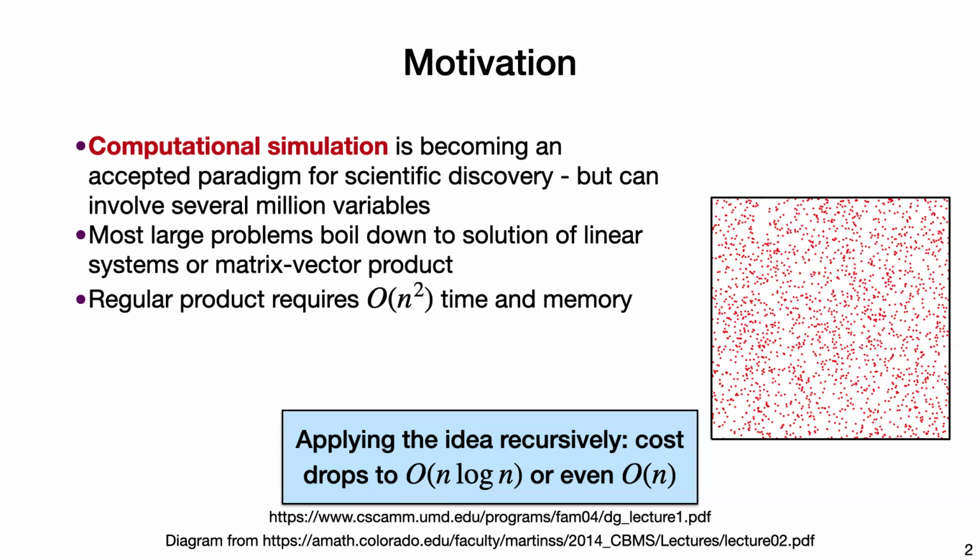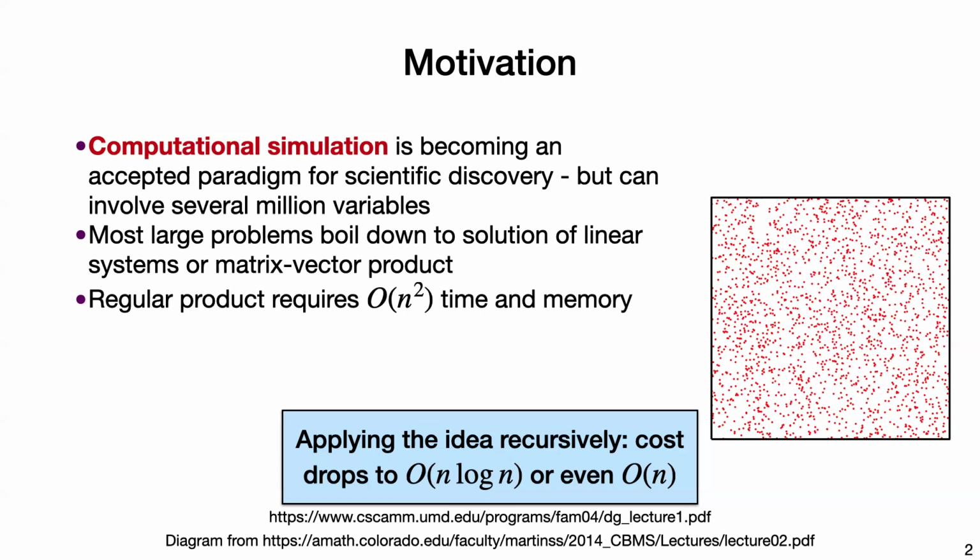Often these simulations can be pretty big, possibly on the order of several million variables, like planets, bodies, stars, or even more. And most problems boil down to solving matrix vector products. It's something that we have in FFT also. You could solve it as a matrix vector product, but people come up with clever algorithms to do it in a better way.